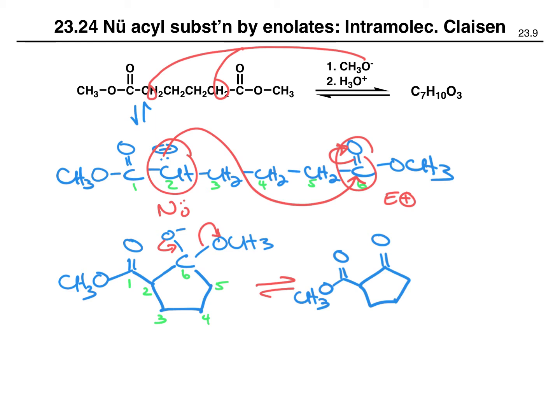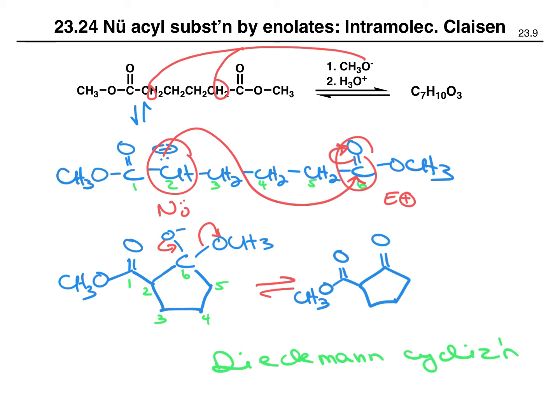So this is an intramolecular Claisen condensation, and an intramolecular Claisen is called a Dieckmann cyclization. Dieckmann cyclizations will occur readily if it leads to the formation of a 5 or 6 membered ring.